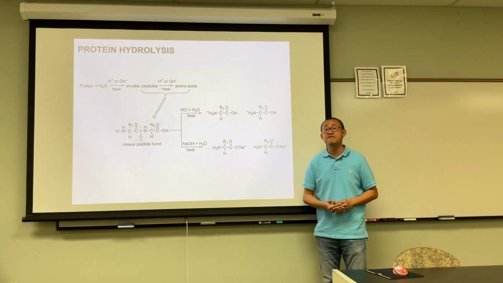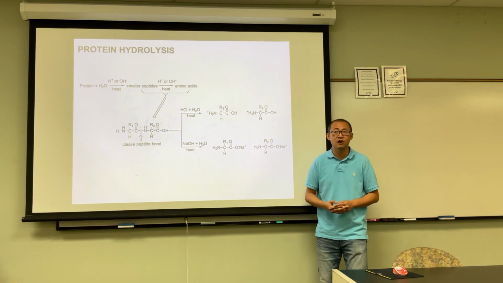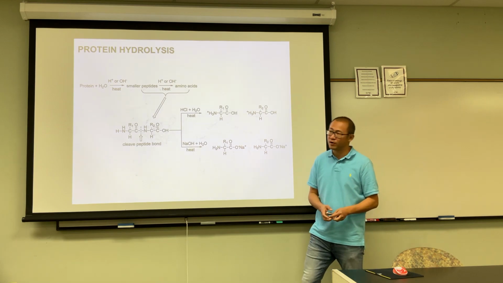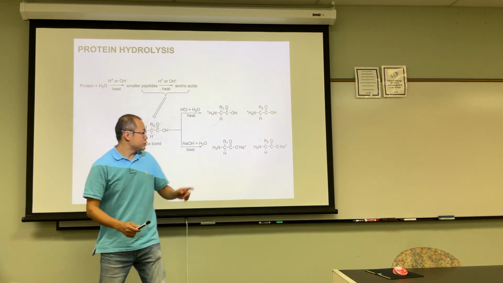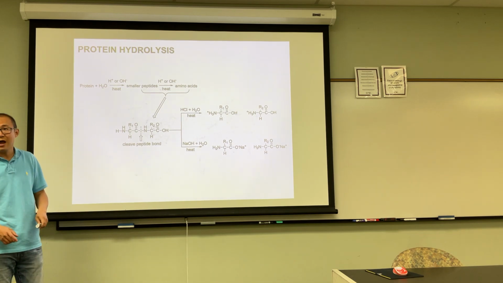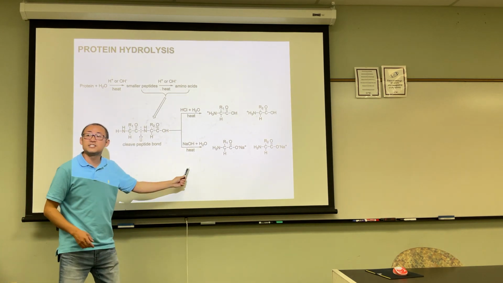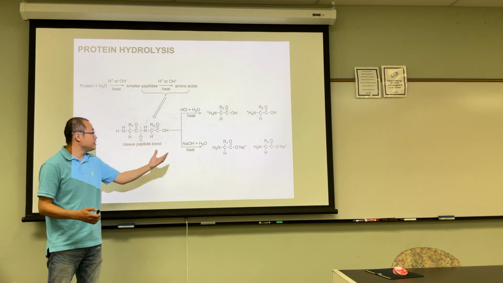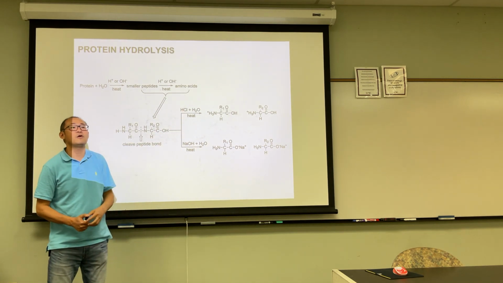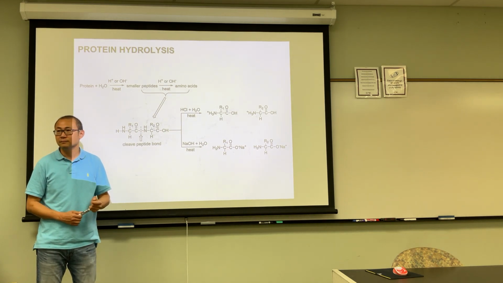Peptide bonds are very stable, just like we studied in chapter 6. Amide bonds are what? Very stable. So if you want to hydrolyze a peptide, for example, this is a dipeptide, 2 amino acids, in the lab, you have to use extreme conditions. What extreme means: you need heat and either acid or base.